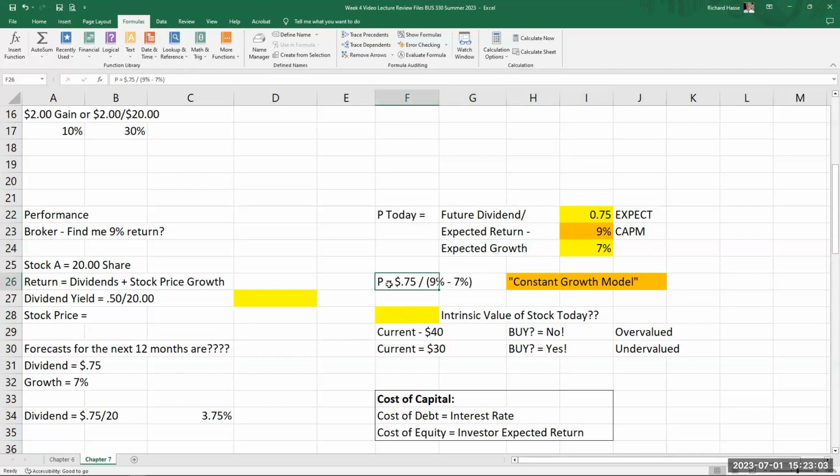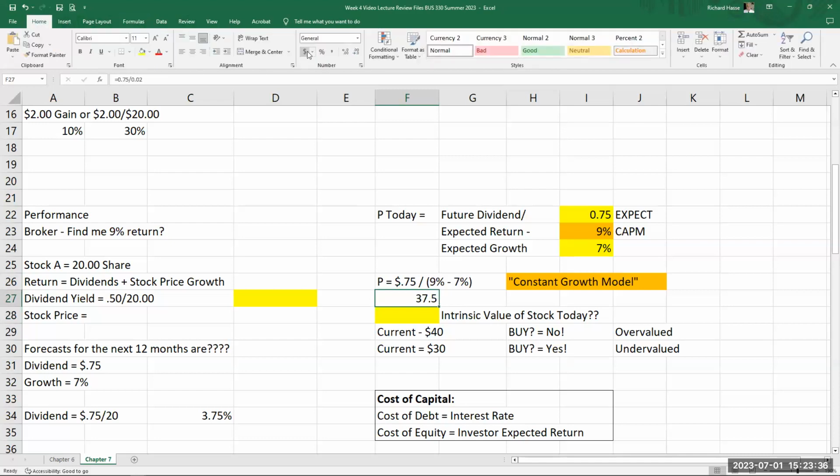Well, the price is taking the 75 cents a share and dividing it by the difference between the expected return and the expected growth, or 2%. So if I take 75 cents and divide it by 2%, I get $37.50.